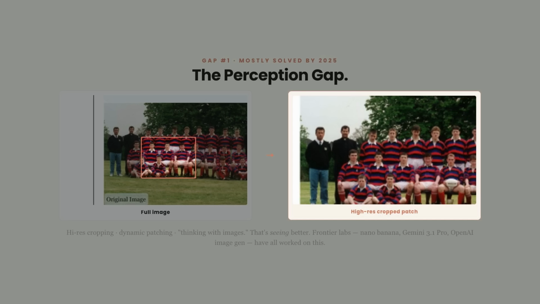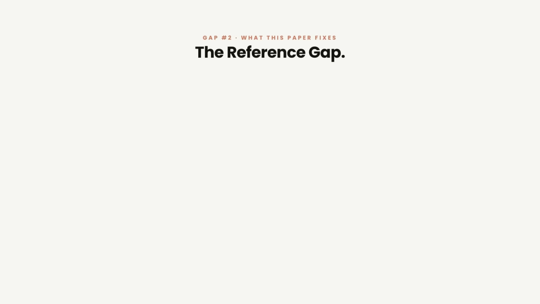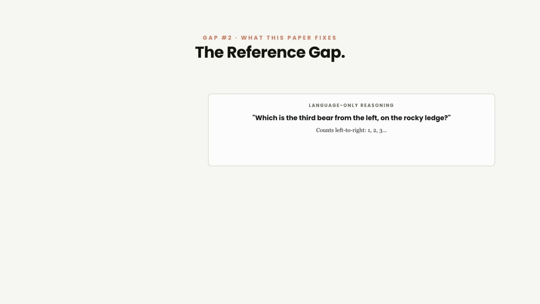And we have seen some examples from frontier labs, like with the Nano Banana models and the OpenAI image generation models. But the DeepSeek team is arguing that there is a second, more fundamental gap they call the reference gap. Even when the model sees perfectly, language is too imprecise to point. Think about it like this.